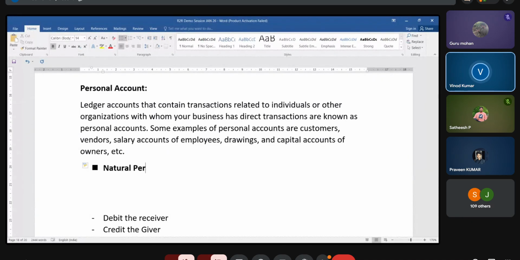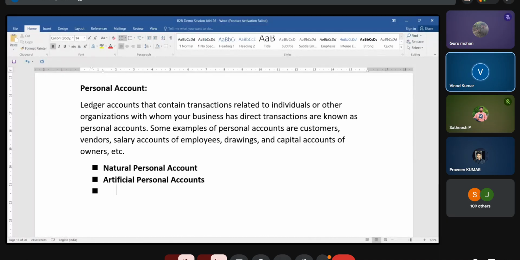Natural personal account. Okay. So we have three types of personal accounts, guys: natural personal accounts, artificial personal accounts, and representative personal accounts.